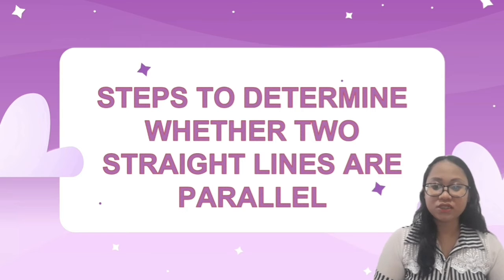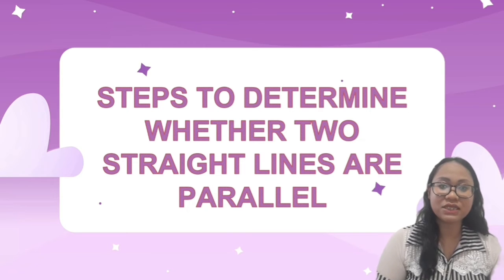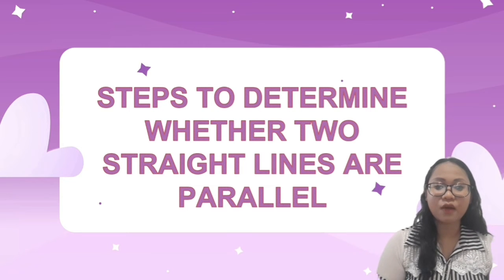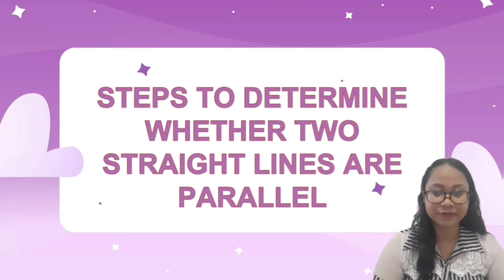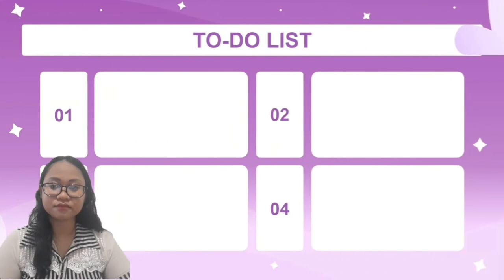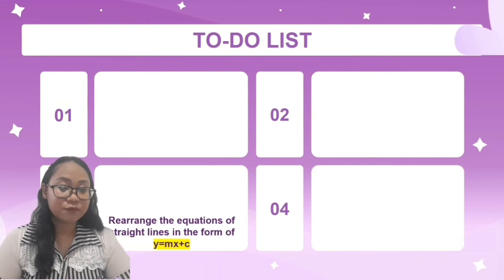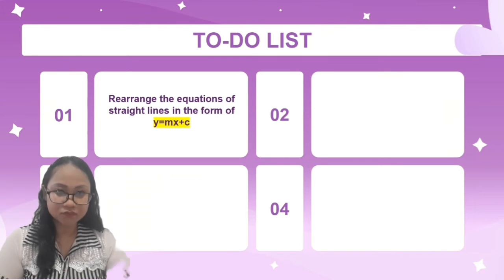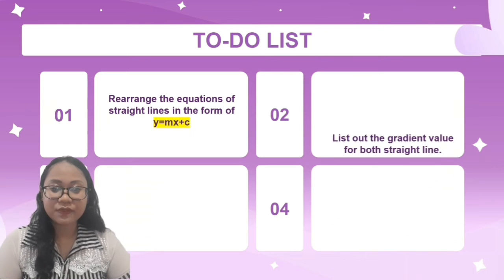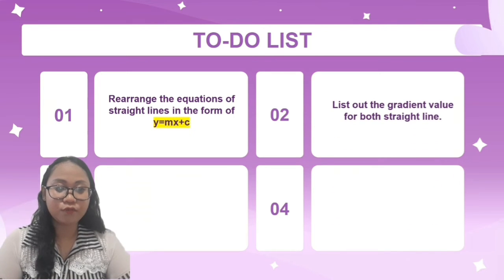Now, we will learn the most important step in this subtopic. There are 4 main steps to determine whether 2 straight lines are parallel with each other. The first step is rearrange the equation of straight line in the form of y equal to mx plus c. The second step is list out the gradient value for both straight lines.